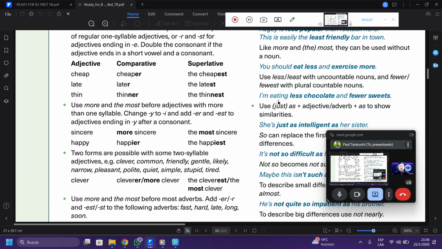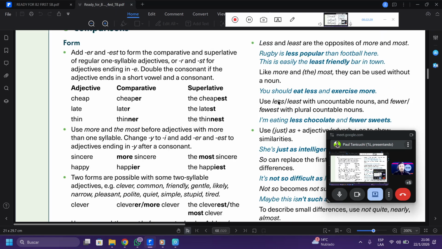Just like that. Don't complicate yourselves, okay? So let's go over this one. Like more and most, they can be used without a noun. These ones, okay? Less and least. You should eat less and exercise more, right? In this case, we don't use any noun, only like that. Okay, please, Adela, yours.